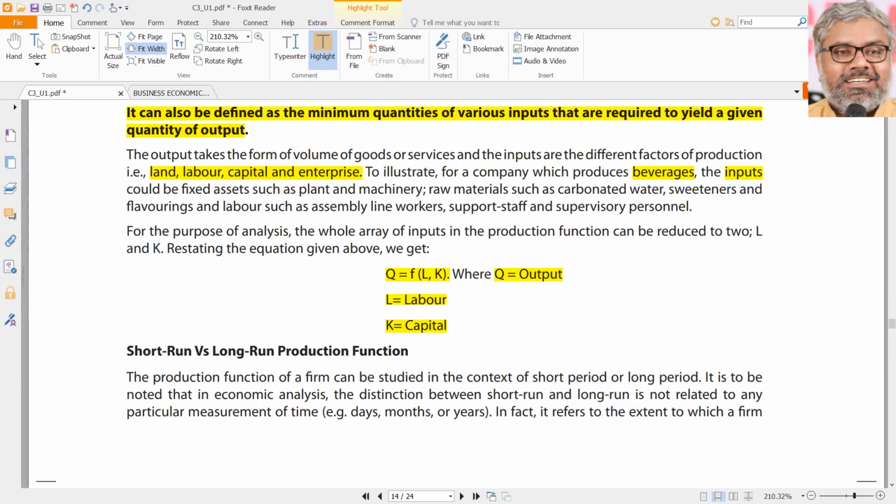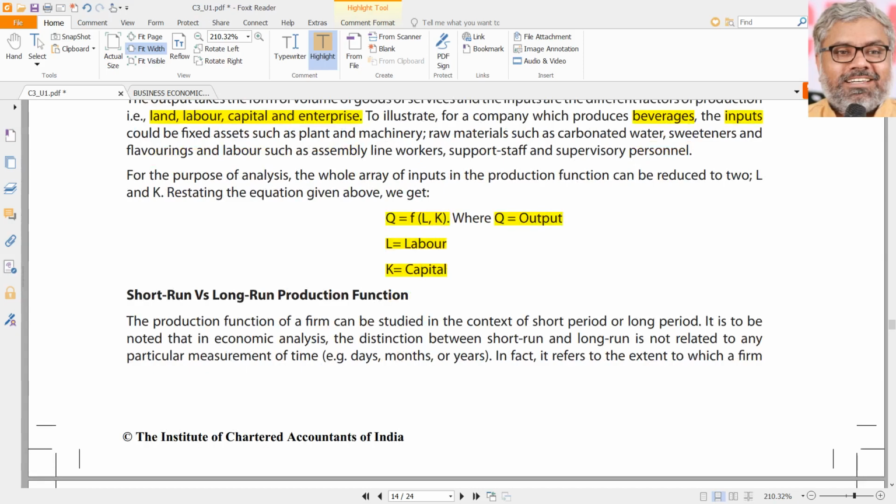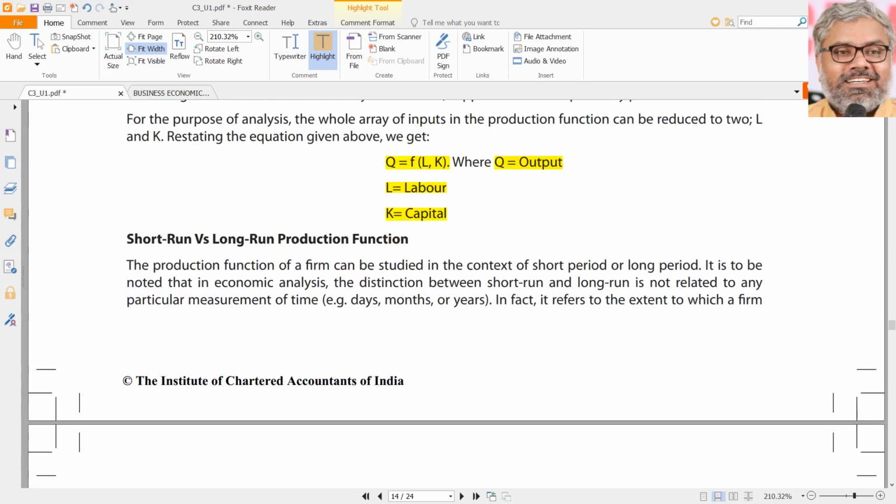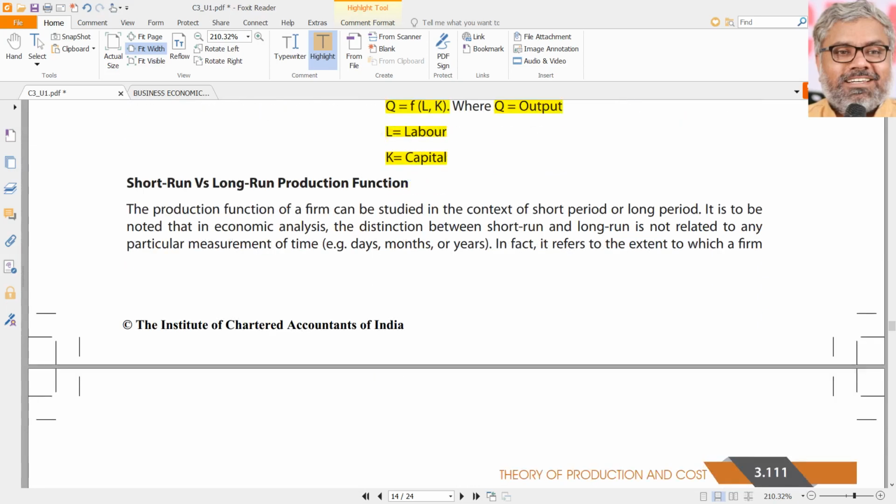But still, just to keep it simple and straightforward, we can express the production function in a very short form and a direct relationship, a very good, strong relationship between the two factors and the output, that is labor and capital, which are the most important factors of production for actually performing the production process. That is the production function.